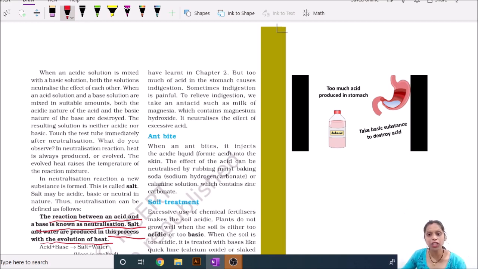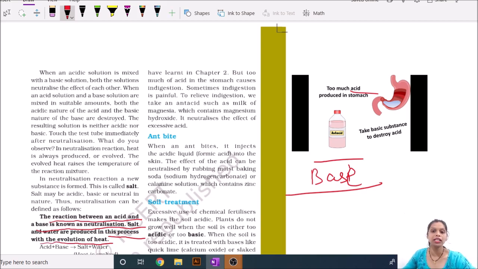For neutralizing the effect of acid, we take antacid. Antacid is basic in character, and when this liquid is drunk, the acidic effect of the stomach is neutralized, and we get relief at that time.